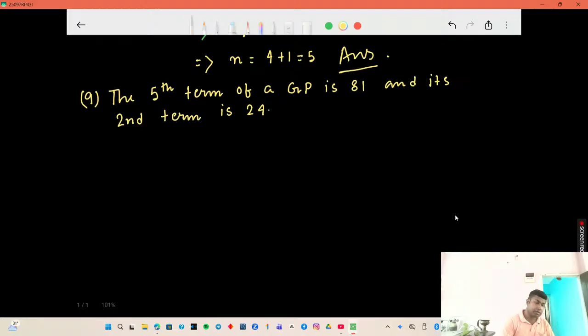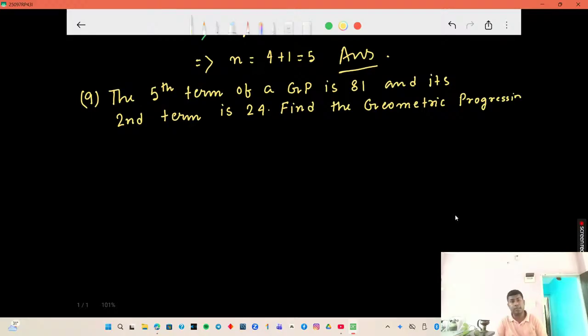Find the geometric progression. Is it clear to you?